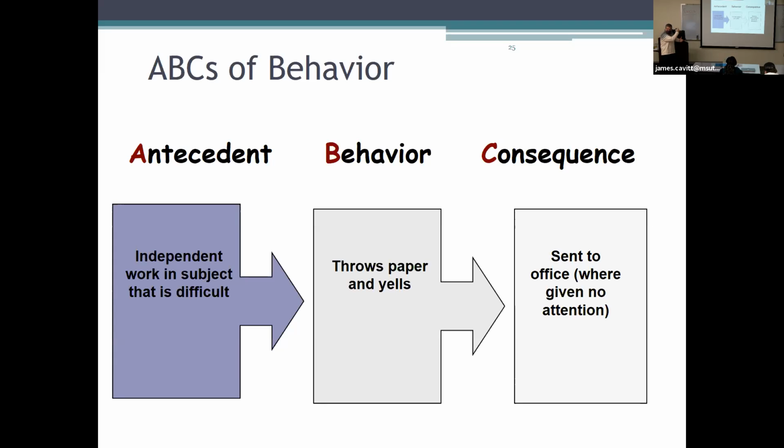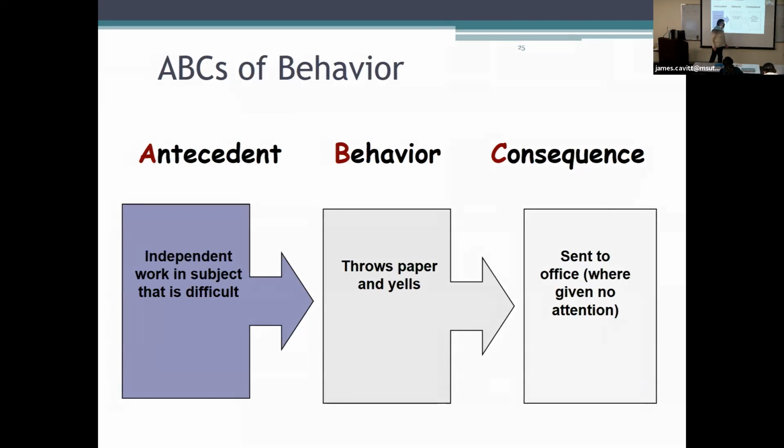Personally, if you can do it at the antecedent level, it's better for everybody. It's proactive, not reactive. It's a lot more work up front, but it keeps you from getting into power struggles with kids. That's a really interesting process. That is a chain of behavior.